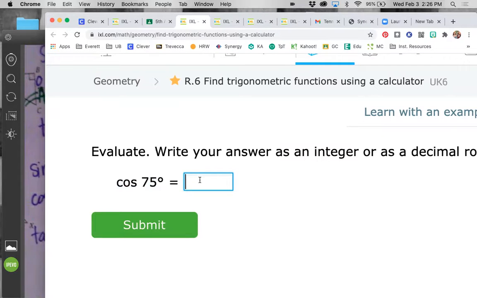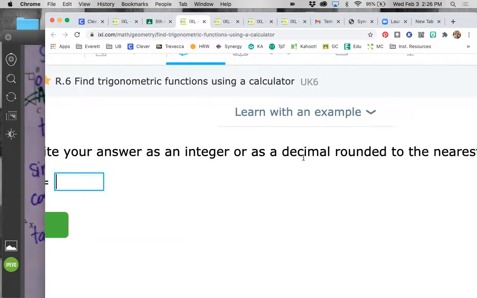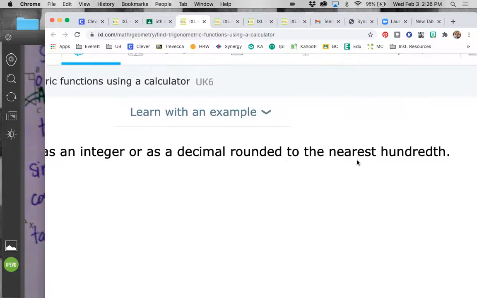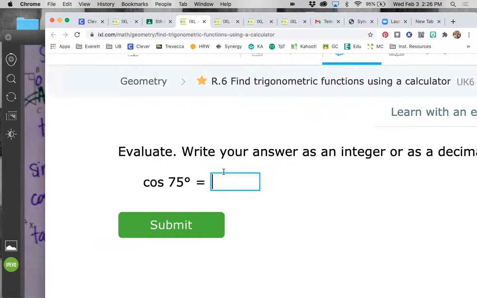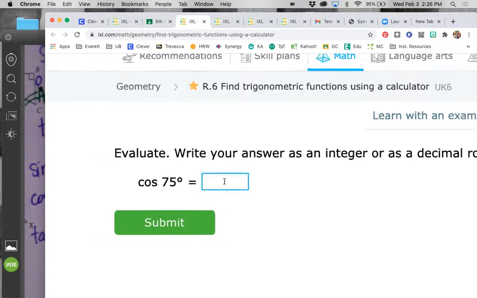In this particular exercise, they also throw in some of the other ones, like cosecant and secant. It's going to be a decimal, and it says write your answer as an integer or as a decimal rounded to the nearest hundredth, so round it to 2 decimal places. This is a super easy one to get a 100 on if you want to, but you only have to get it to 50.